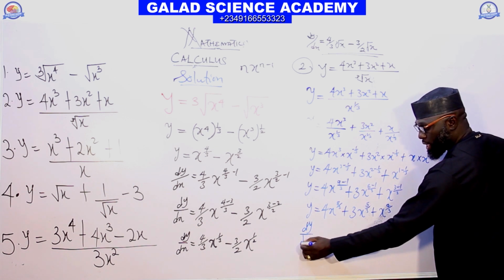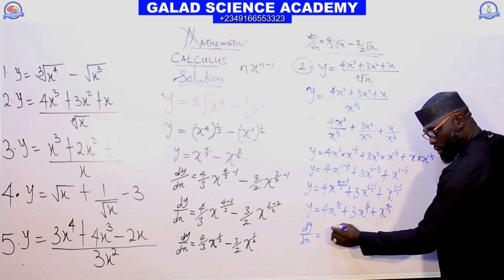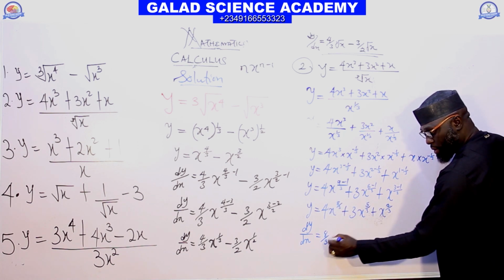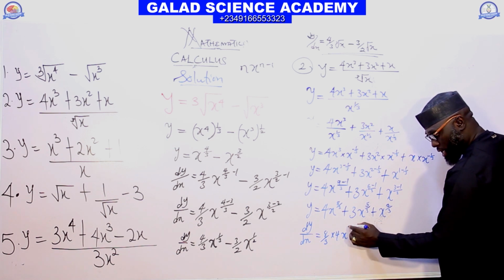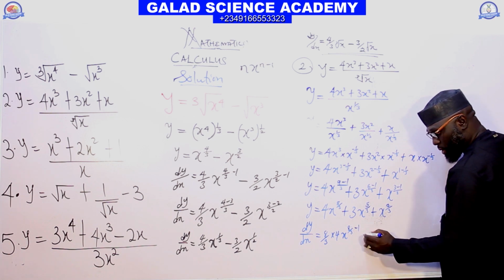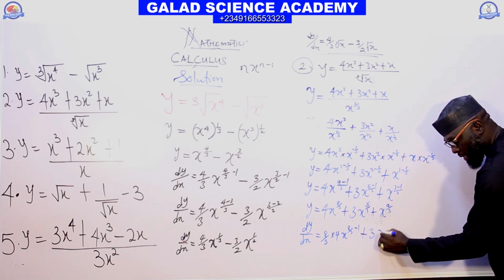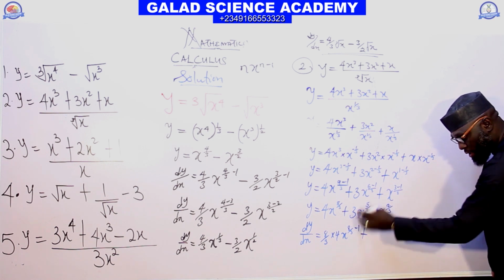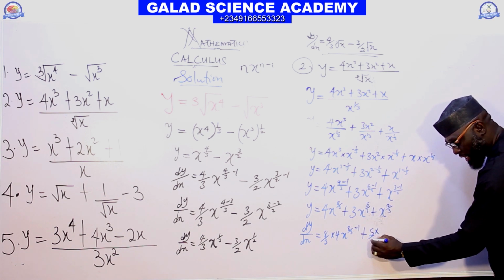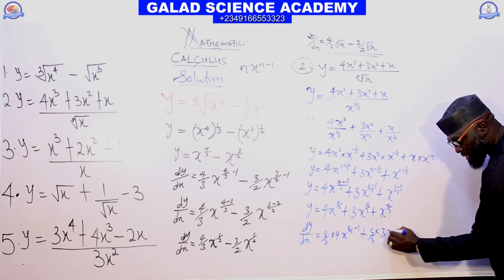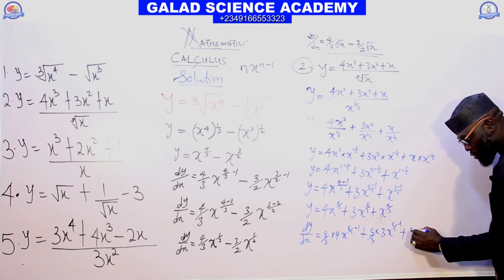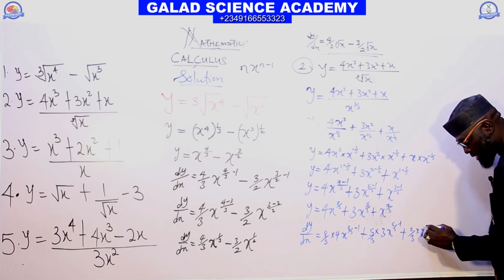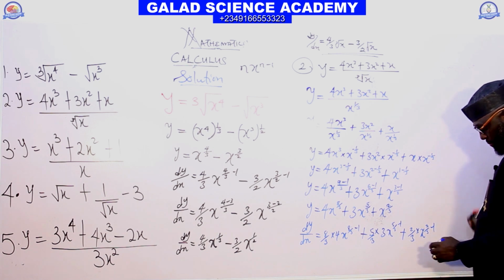Then dy dx will be 8 over 3 multiplied by 4x to the 8 over 3 minus 1, plus 5 over 3 multiplied by 3x to the 5 over 3 minus 1, plus 2 over 3 multiplied by x to the 2 over 3 minus 1.